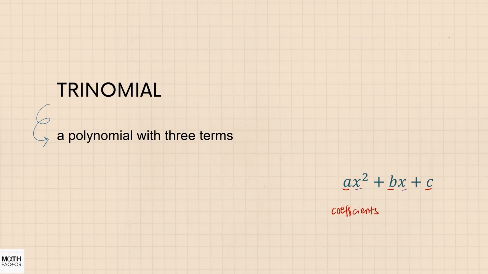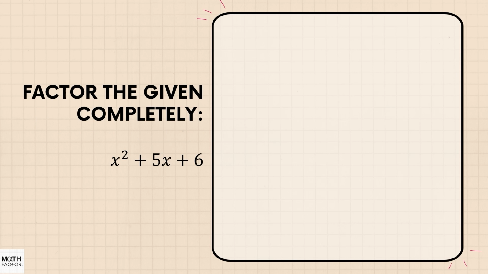Let's have an example. In our first given, we have x squared plus 5x plus 6. The first thing to do is to think of the factors of 6 that, if we add them, the sum would be the middle term. So let's say we have 3 times 2.